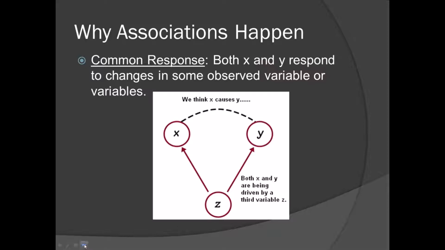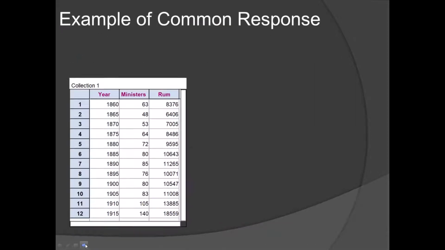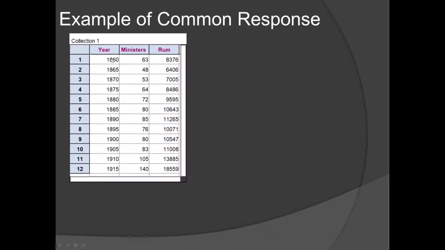And here's a good example. So if you look at this data set, this is from Civil War time to the turn of the century. It's New England. I believe these are Methodist ministers. And over time, they're becoming more and more frequent. Also, this is the rum that's imported into Boston, probably a lot of which is consumed in New England, and it's going up too.